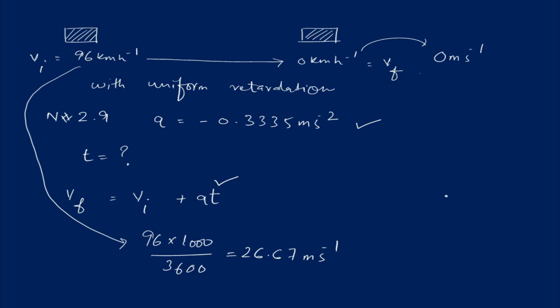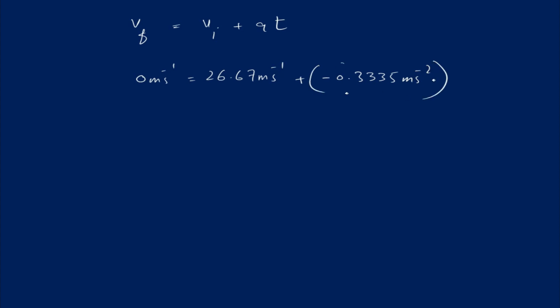Now putting all these values in the first equation of motion, as the final velocity is 0 meters per second, initial velocity is 26.67 meters per second plus negative 0.3335 meters per second square into t.